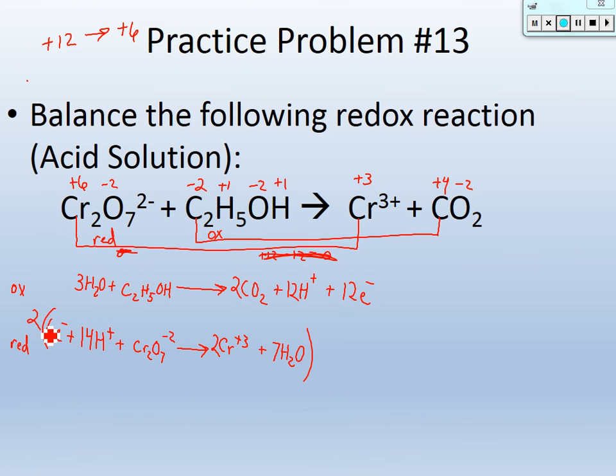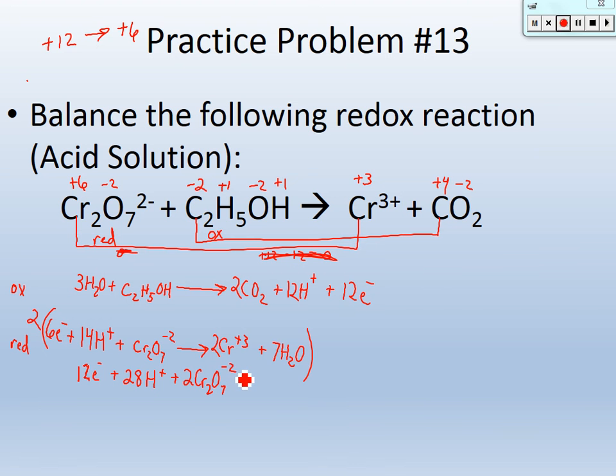I need to times it by 2, right? So let's distribute that 2 across. So I've got 12 electrons, plus how many H pluses? 28. 28 H pluses. Plus 2 Cr2O7.